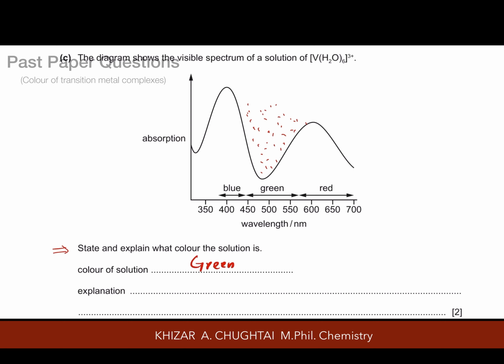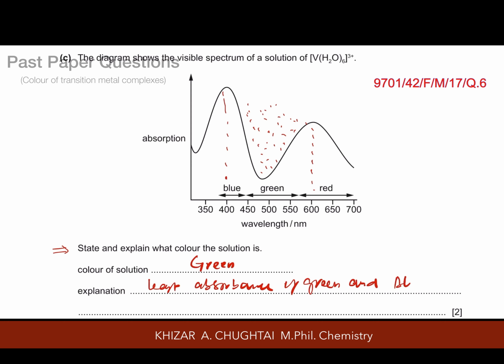Explanation. For explanation, we can write as number 1, there is the least absorbance of green, and the highest absorbance goes to the blue and red region.